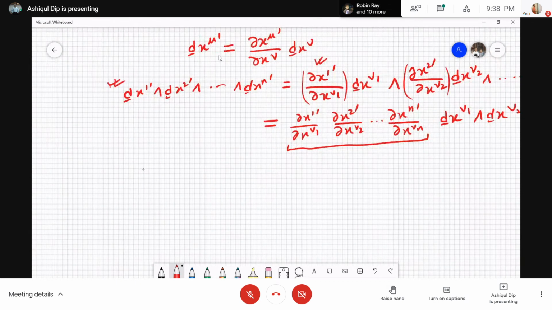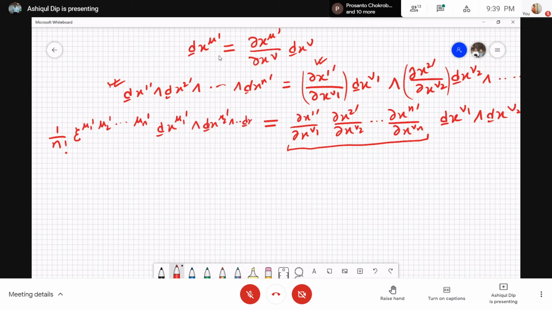This stuff can be written as 1 over n factorial E mu 1 prime, mu 2 prime up to mu n prime, then dx mu 1 prime wedge dx mu 2 prime wedge dx mu n prime.